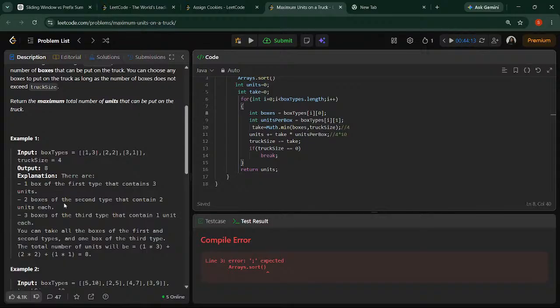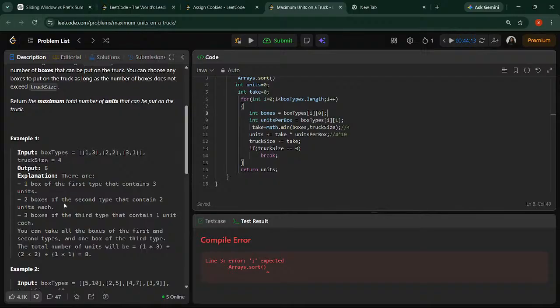In the boxes, we got one box and the units are 3, right? If our capacity is less than truck size and we can keep that much in our truck, then units will be plus equal to 3. 1 into 3 units will become 3, then my truck size will get reduced by the capacity I have consumed.